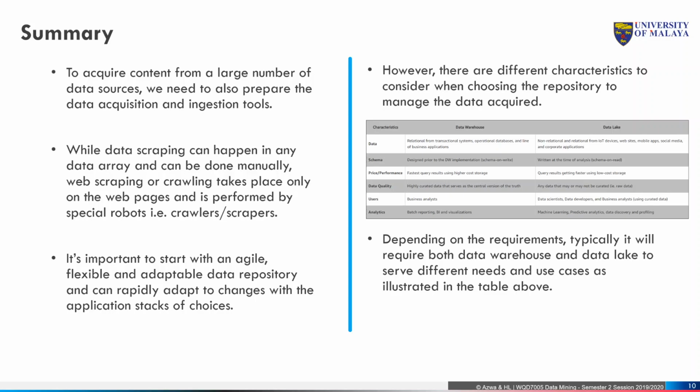In summary, based on what we have learned in this assignment, it really depends on the requirements. Typically, it will require both the data warehouse and data lake to serve different needs and use cases, as illustrated in the table above.